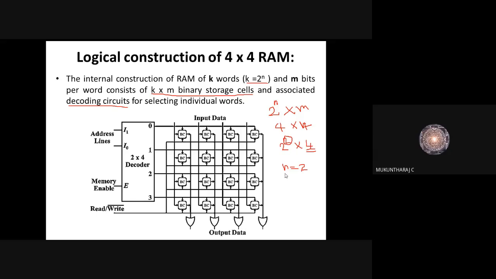For that, we need two address lines. This 4 represents the number of locations, so to represent 4 locations, we need 2 address lines. So here we have 2 address lines, I0 and I1.